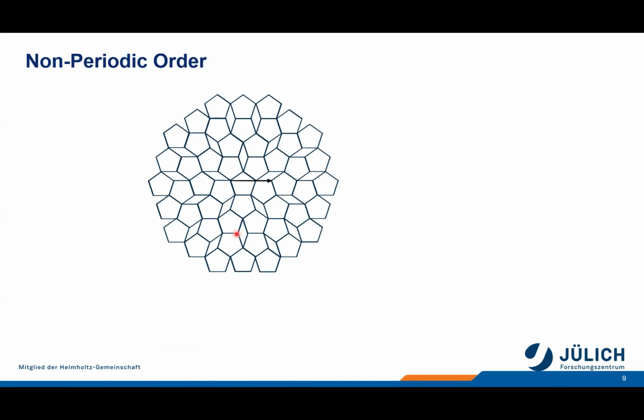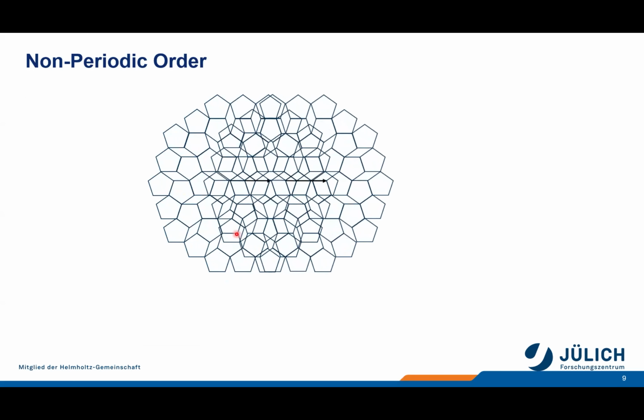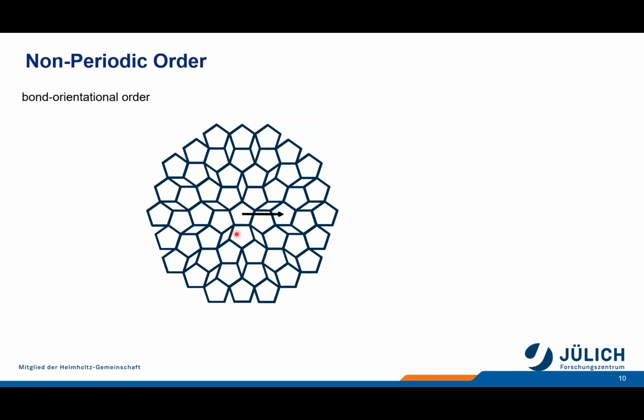The next thing is then to look at translation order or periodicity. So we try any type of vertex or any point even between the vertices, and we try shifting it, and we will never be able to have this in a superposition with the starting position. So there is no translational symmetry and no periodic order. So how about bond orientation order?